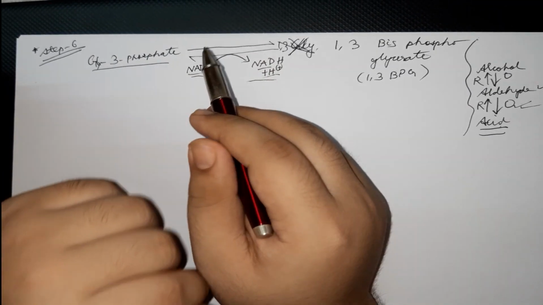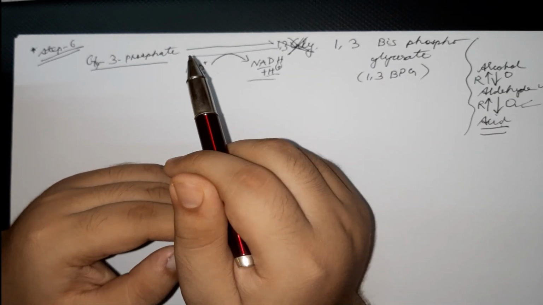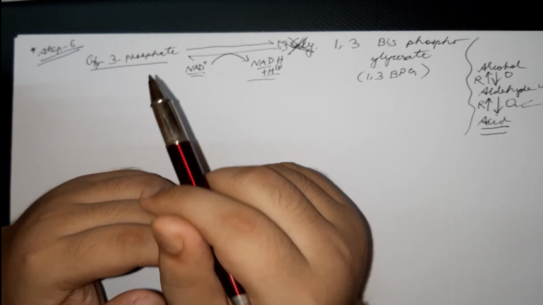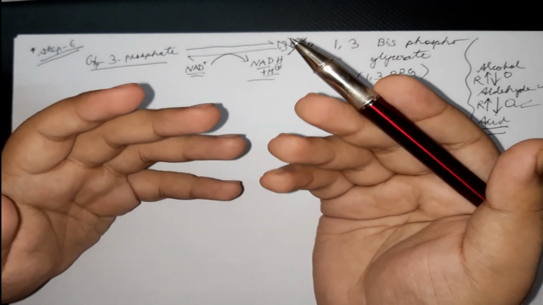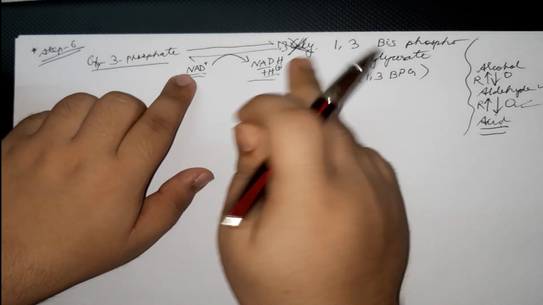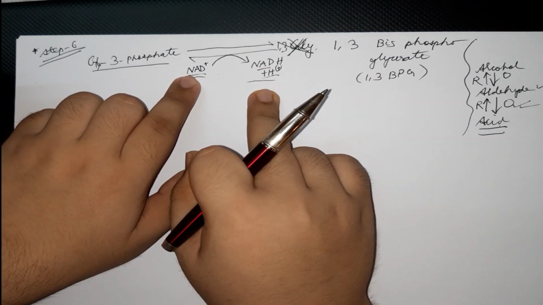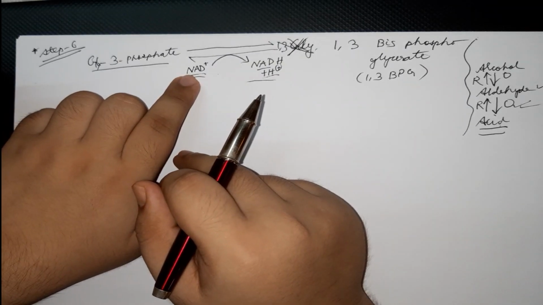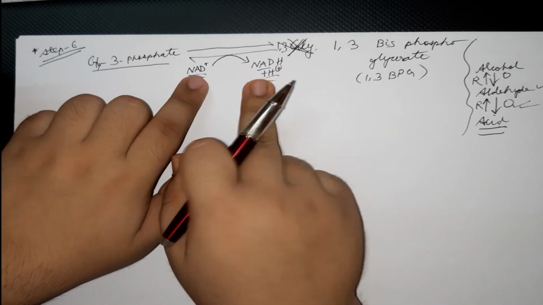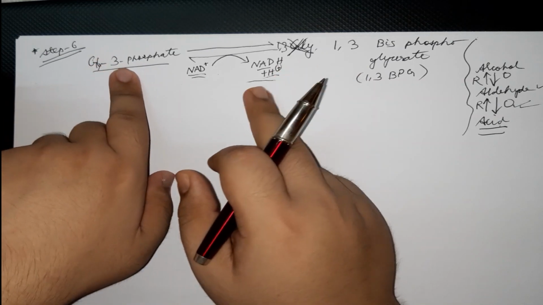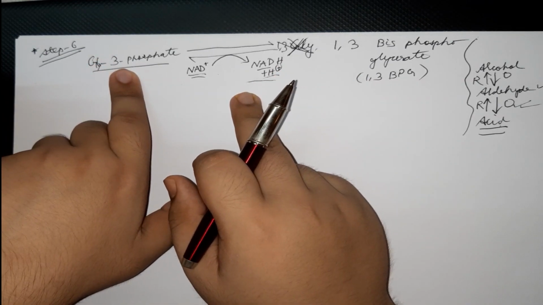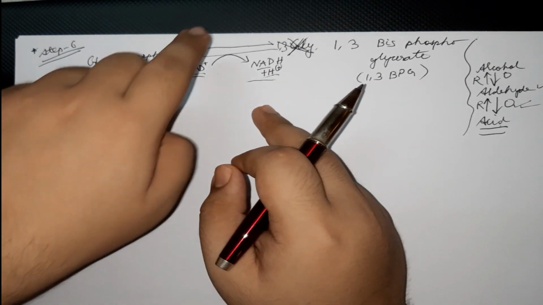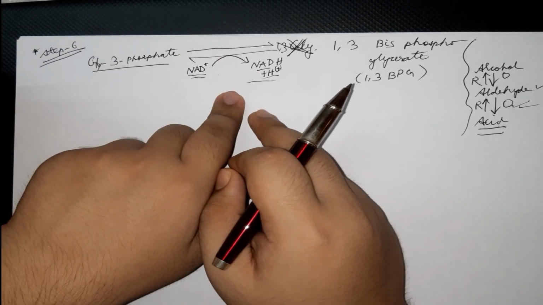Oxidation, because we know that reduction and oxidation are always coupled. Yes, that's why they are known as redox reactions, right? So what's occurring with NAD+? Yes, it is being reduced, so reduction. So what will happen with glyceraldehyde 3-phosphate? It is oxidized. That's why these are coupled together.